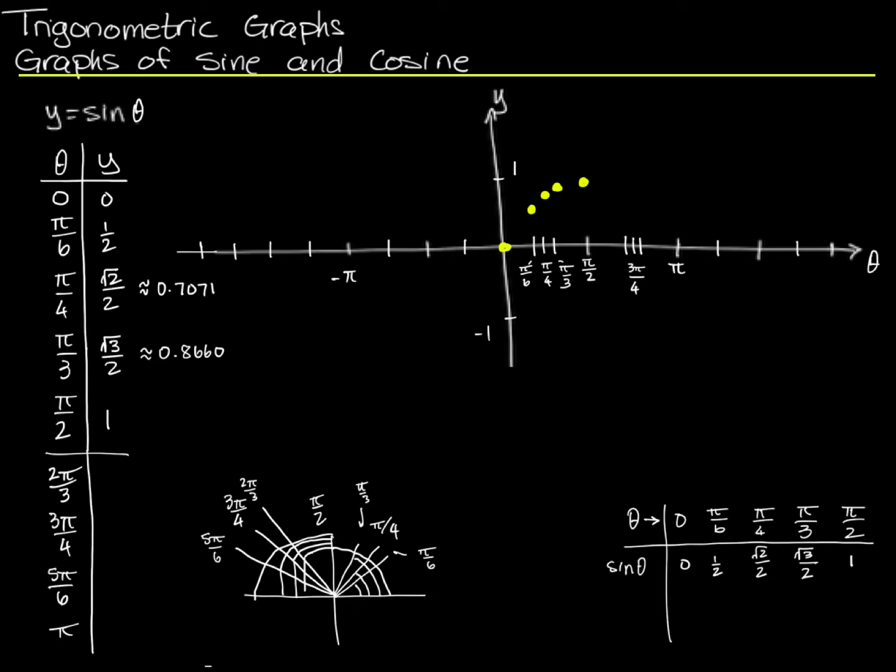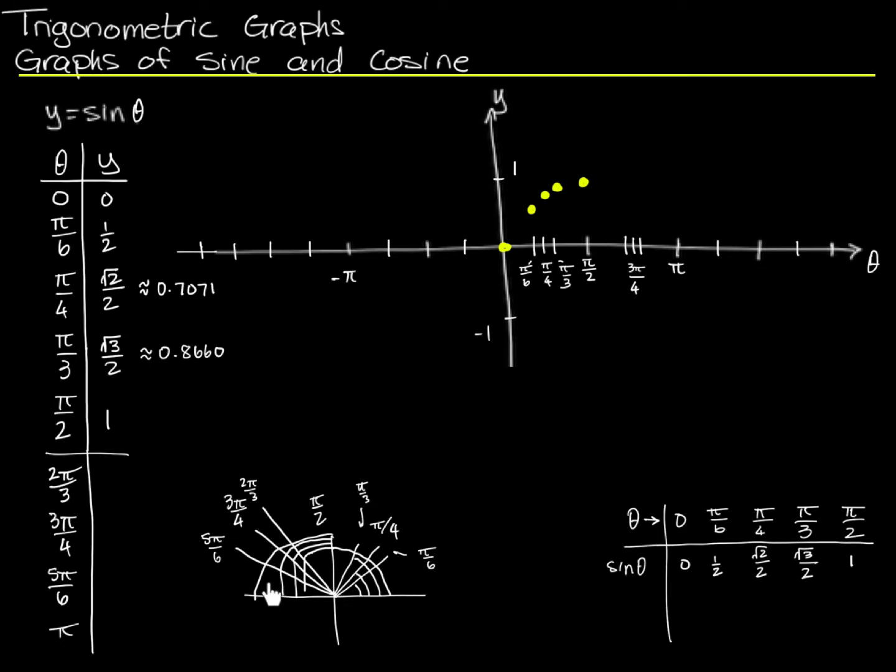Now I could just put sine of 2 pi over 3 into my calculator, and it would spit out a decimal value, and I could plot that point. But I don't want to do it that way here, because I want to use this as an opportunity to remind you that we know what the sine of 2 pi over 3 is, because we know what the sine of its reference angle is.